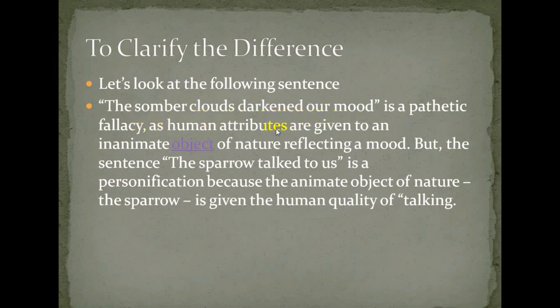You can see that darken our mood means that the clouds actually evoke that feeling in us. Further, human attributes are given to an inanimate object of nature reflecting a mood, as we talked about, in that it is actually exerting that force which changes our mood. So it has to do with the feeling.